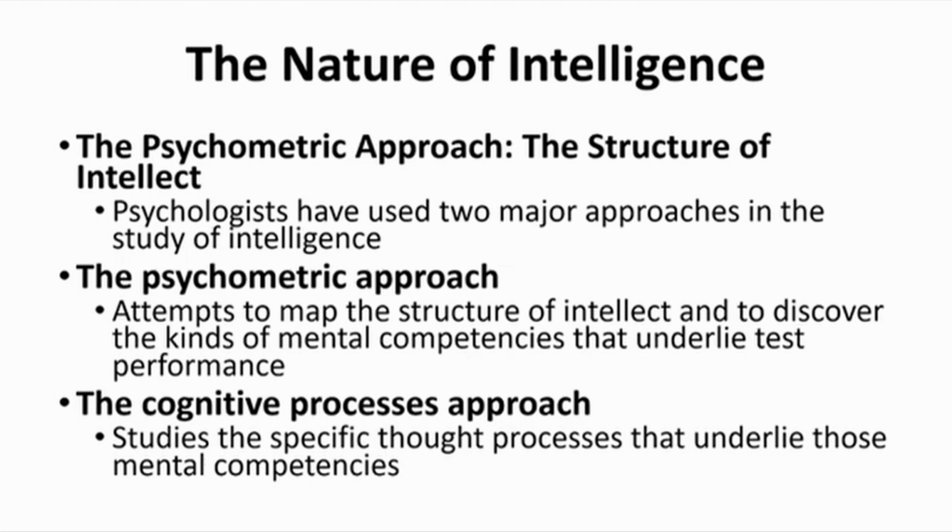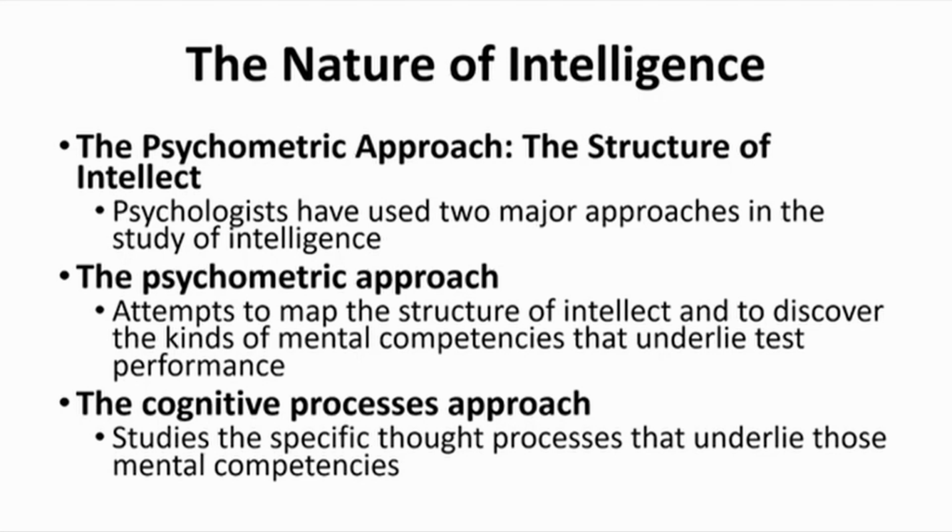Now, psychometrics is the study of psychological tests. So when we're looking at the psychometric approach to understanding intelligence, this approach is trying to identify and measure the abilities that underlie individual differences in performance.